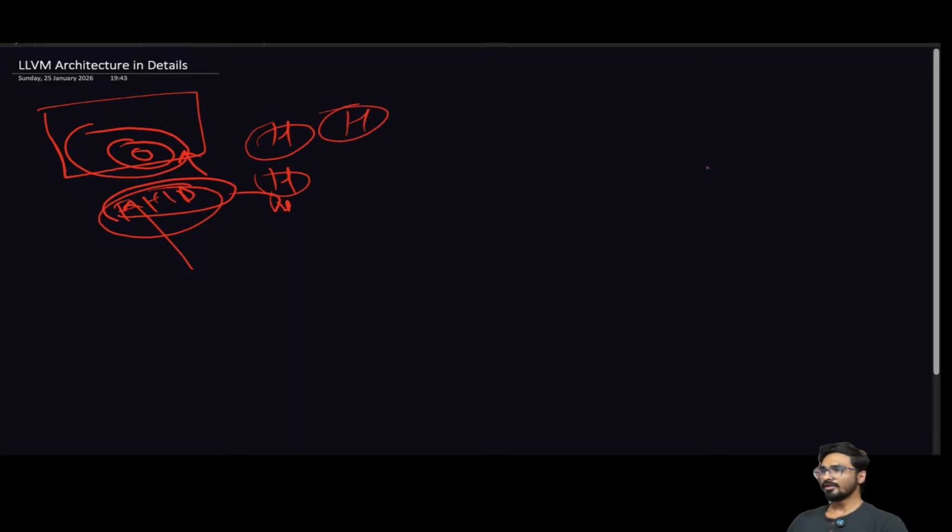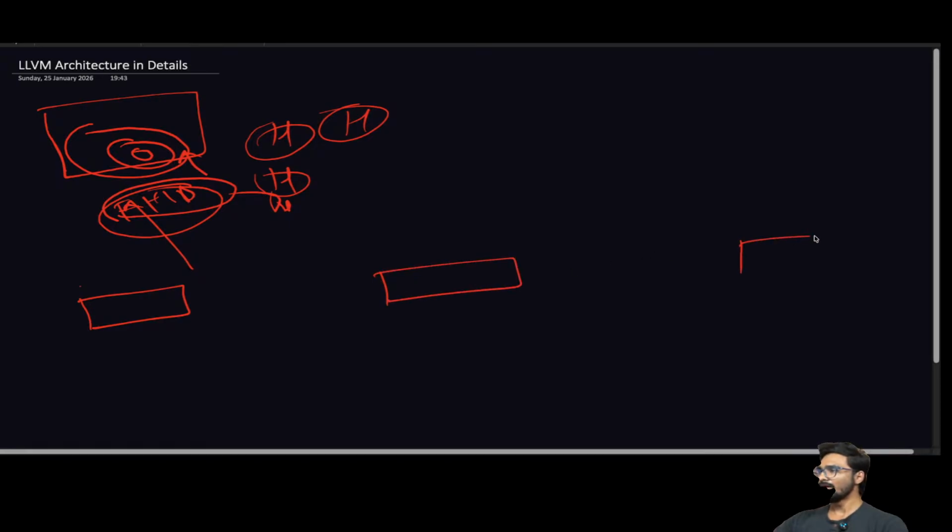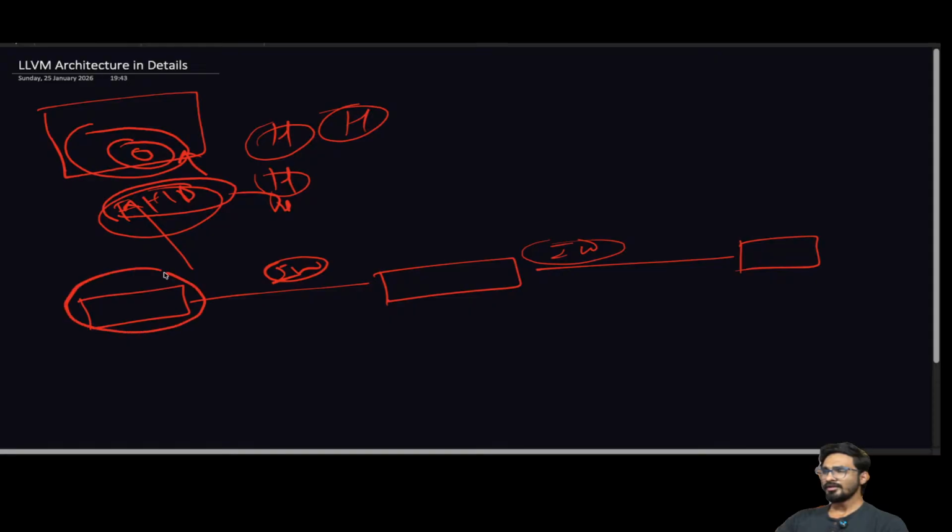Here comes LLVM. So what did LLVM do? LLVM had a separate design for front end, middle end, and back end, and all three are linked together with one intermediate representation, or IR. This IR is the backbone of LLVM. Now if I want to make any front end related changes, I just need to modify the front end component.